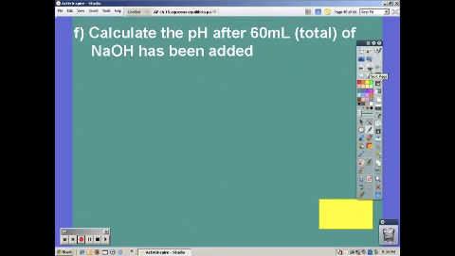Okay, now we're going to add 60 milliliters of NaOH. So I'm going to try this one, setting it up.